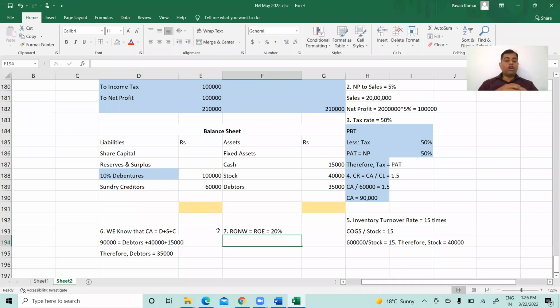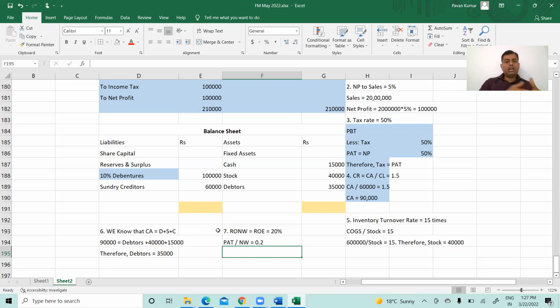So guys, tell me what is the formula? Return on equity or return on net worth formula bolo? PAT by net worth into 100. Very good. PAT by net worth is equal to 0.2. Or you can write PAT by net worth into 100 is equal to 20. So if you write into 100 this side, write full number 20 there.